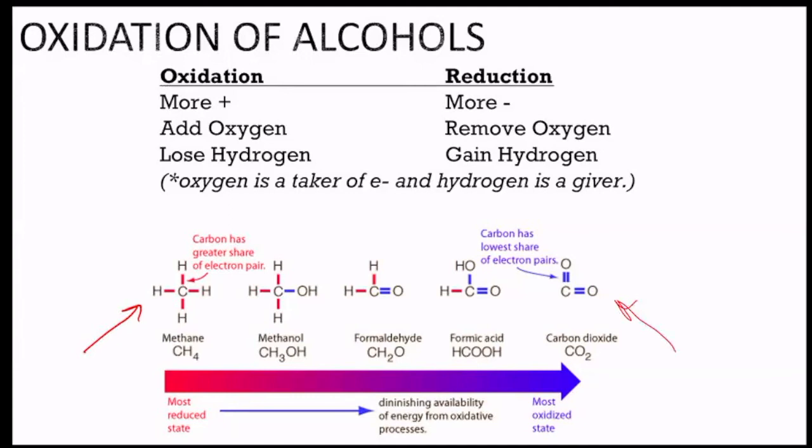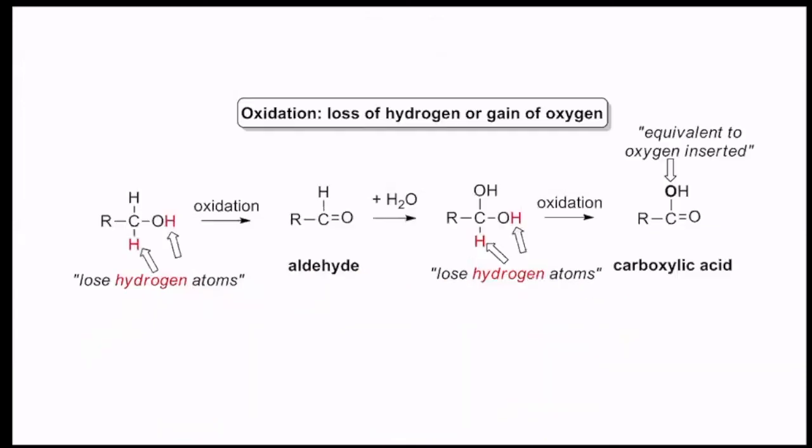This is really good for organic chemistry because it shows us methane to methanol to formaldehyde, which is our aldehyde, and then to formic acid, which if you look up there is your carboxylic acid. So methane oxidizes to methanol, methanol oxidizes to formaldehyde or an aldehyde, and formaldehyde oxidizes to a carboxylic acid. And then this would be if you kept going.